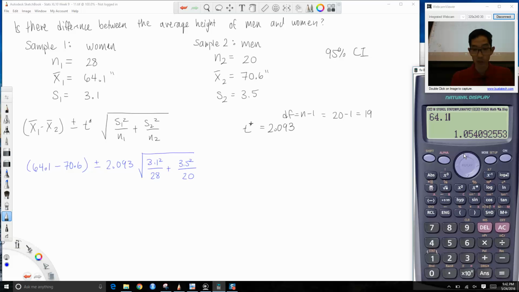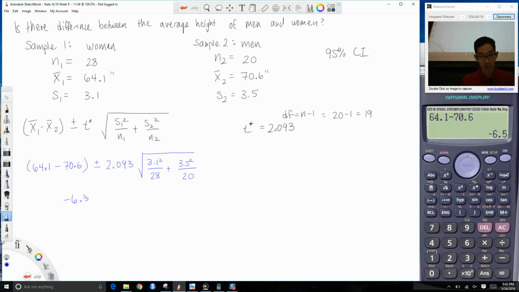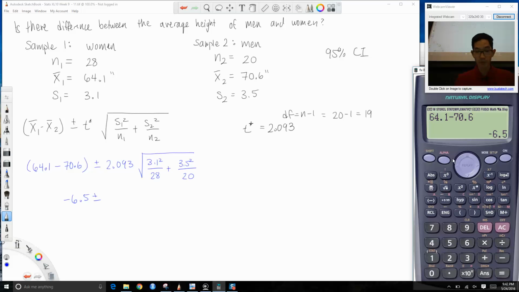So 64.1 minus 70.6, I get negative 6.5, plus or minus 2.093 times the square root, and inside the parentheses I've got 3.1 squared divided by 28 plus 3.5 squared divided by 20, and I'm going to close off this square root. I'm going to hit enter, and this comes out to be 2.046.